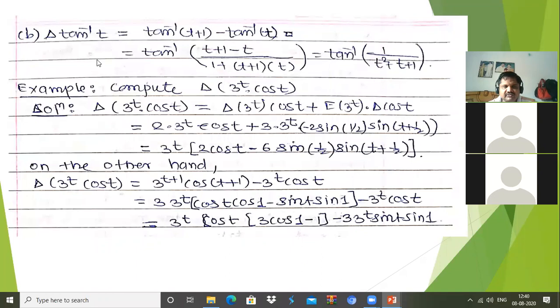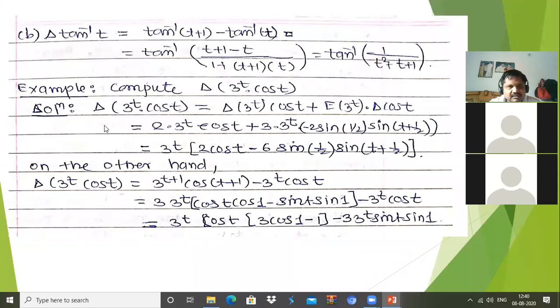So delta of tan inverse t is equal to tan inverse (t plus 1) minus tan inverse t, and the formula for tan inverse alpha minus tan inverse beta is tan inverse of (alpha minus beta) upon (1 plus alpha into beta). So by using that formula you will get tan inverse of 1 upon (1 plus t square plus t), that is t square plus t plus 1, which is correct.